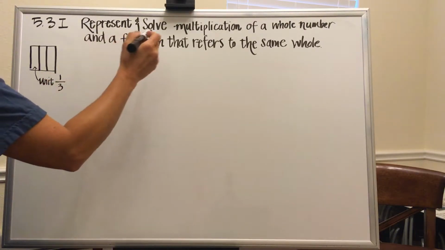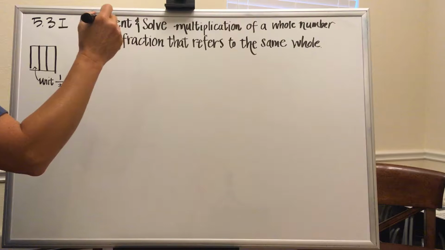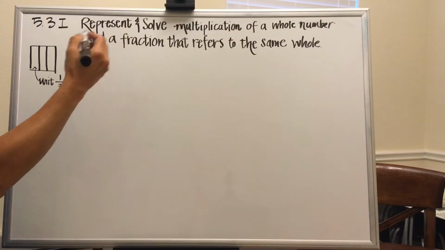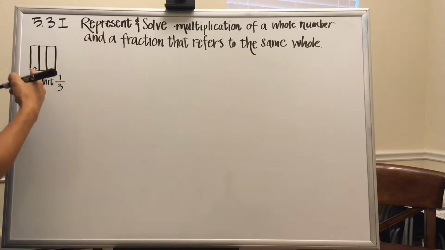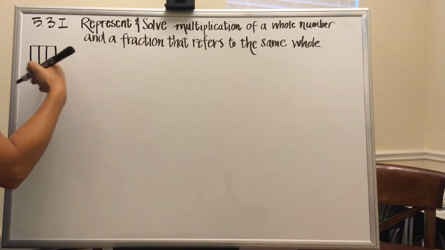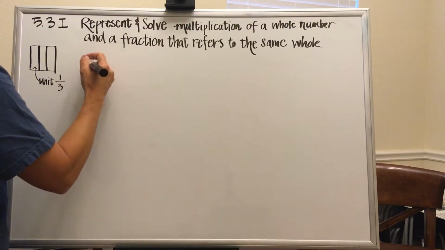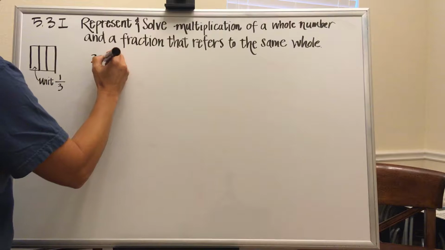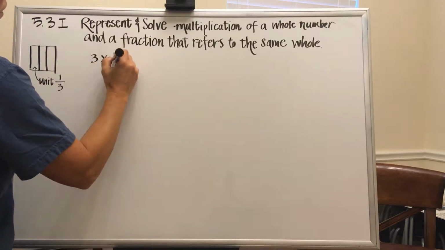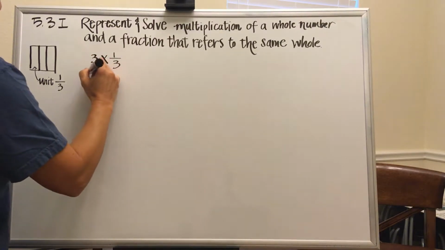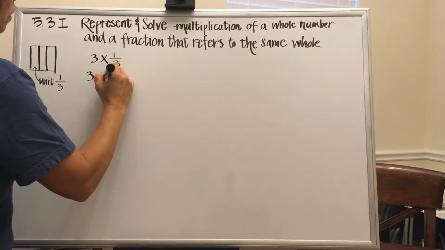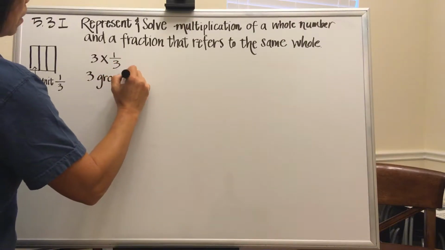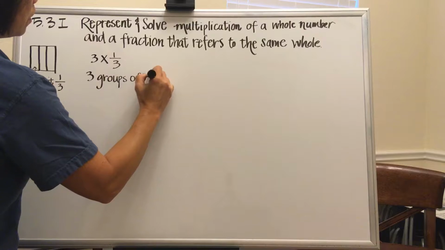Now, our TEAC tells us that we need to know how to solve a multiplication of a whole number. So that means if I were to have 3 groups, say for example, 3 groups of 1/3.